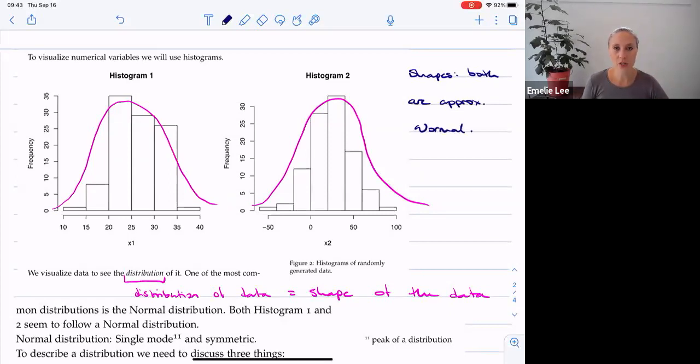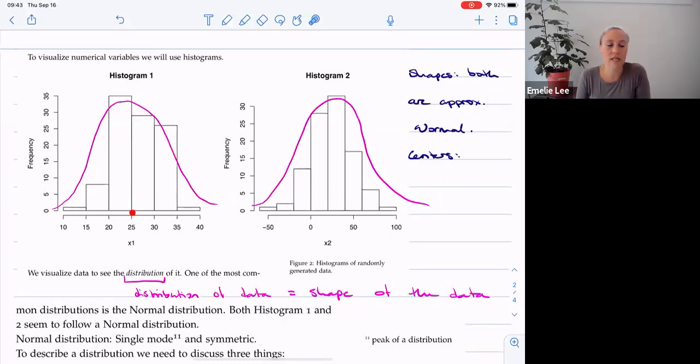For the center, if I have to describe these histograms, notice I'm going to make use of my imaginary normal distribution, and then typically wherever the peak is, which we're going to call the mode later, that's going to be my approximate center. And remember, this is just to get an idea.